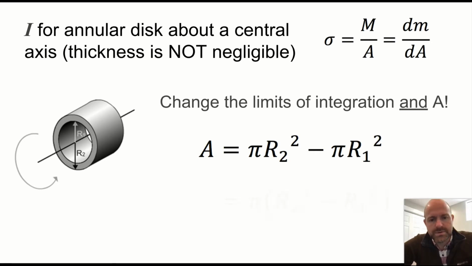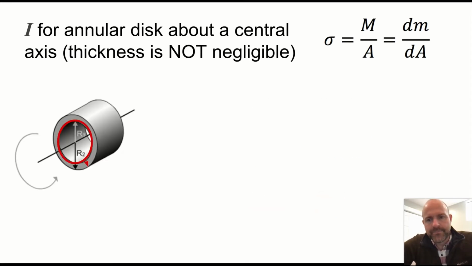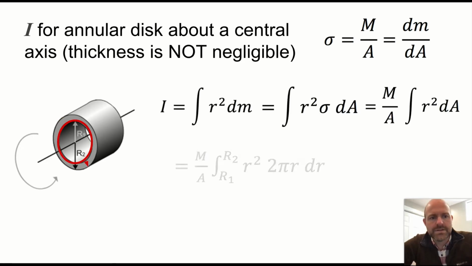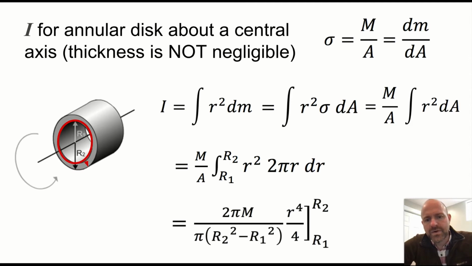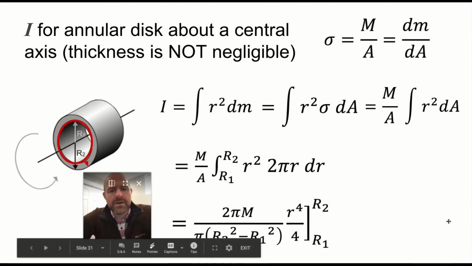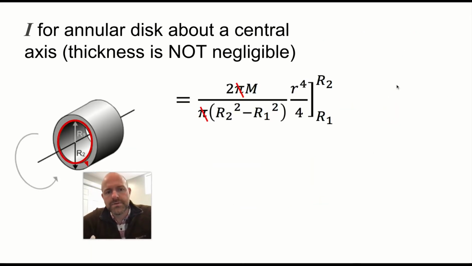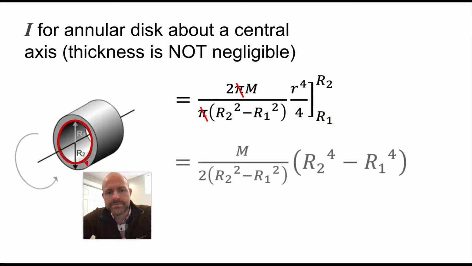It's the difference between those two areas. And then the integration looks pretty much the same, right? Mass over area, we have to do something different with the area, but we don't really have to do anything different with our integration except change from 0 to r to from r1 to r2.